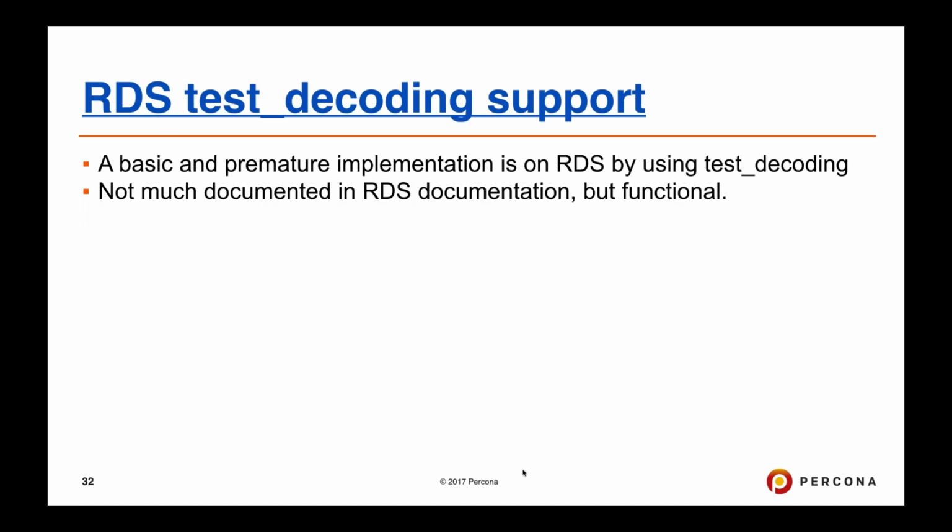RDS also supports logical replication using the logical decoding feature. I didn't try it yet, but it's functional and documented. So if you have time and you're willing to try it on Amazon, go ahead, you can use it.